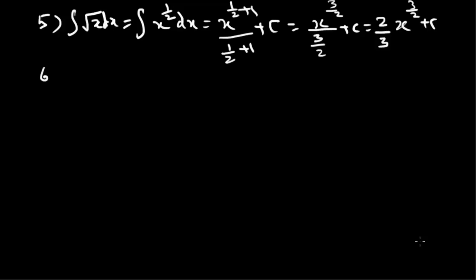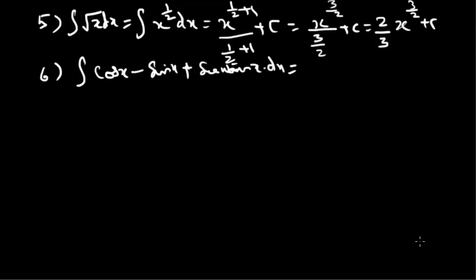Next, we will go to the sixth problem. Say, trigonometric expressions we take. We cover all the formulae in one or two problems. Integral cos x minus sin x plus secant x into tan x into dx. You can write, there are no steps here. Integration of cos x is what?